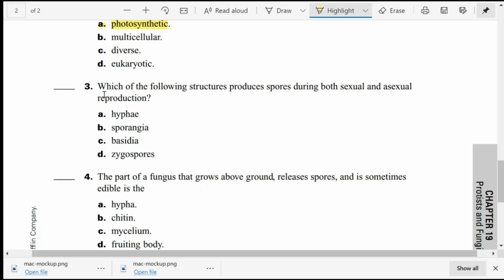Yes, now I can hear you saying sporangia. Why? Because the spores are made inside the sporangia, the spore-producing case, which is found in the Zygomycota.